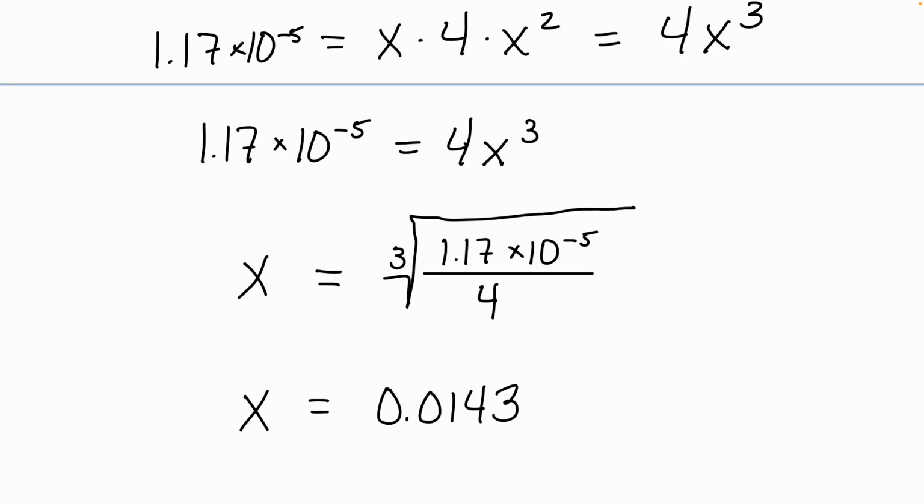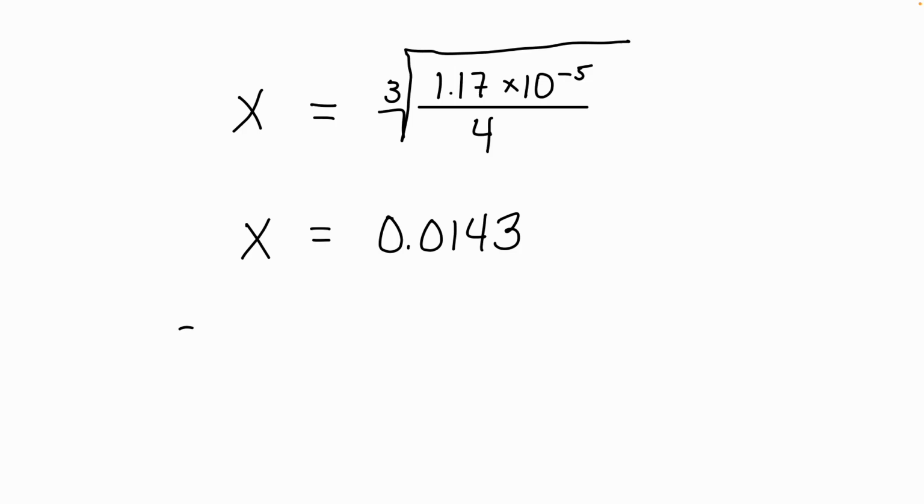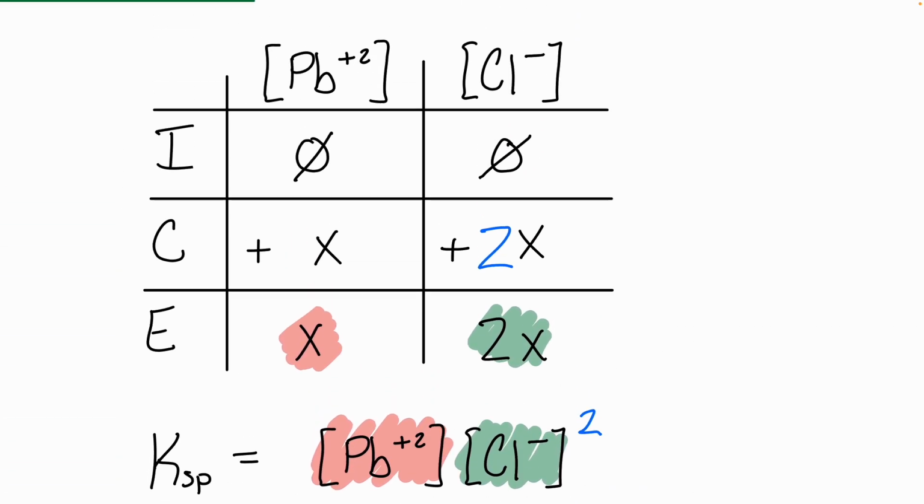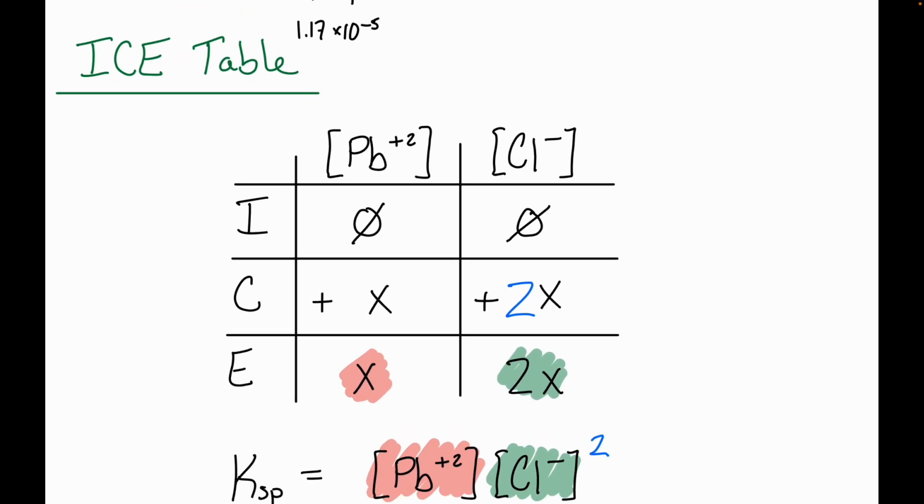All right, so I get to the end here. My value for x, 0.0143, and I'm done? All right, let's be careful here. I asked you for the concentration of chloride. If I look here at my ICE table, the concentration of chloride at equilibrium is not x, but 2x.